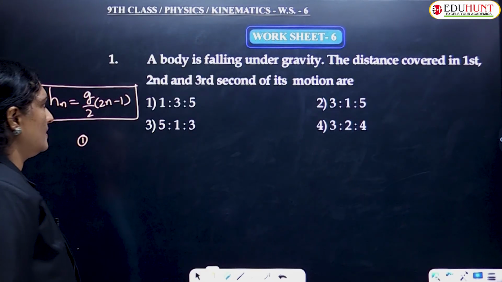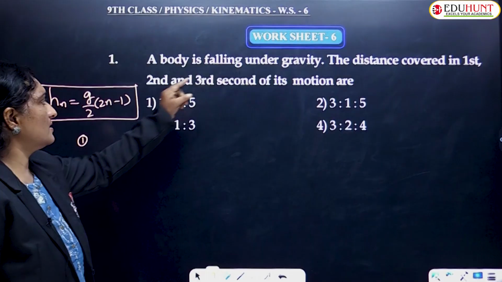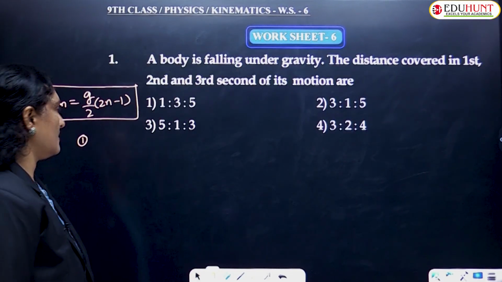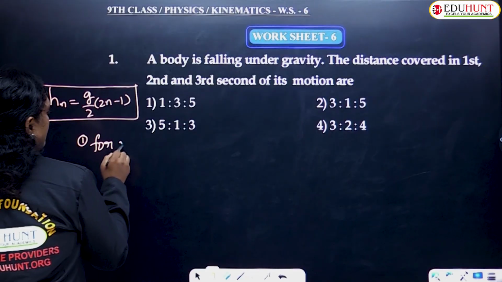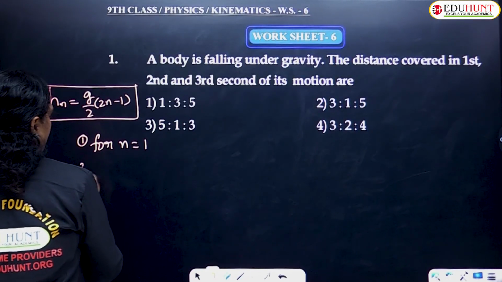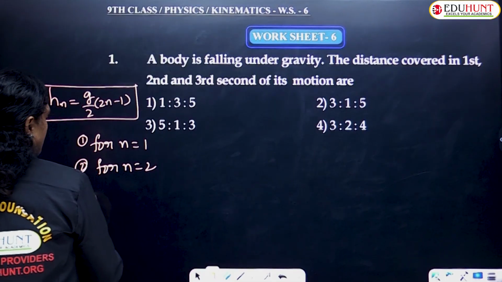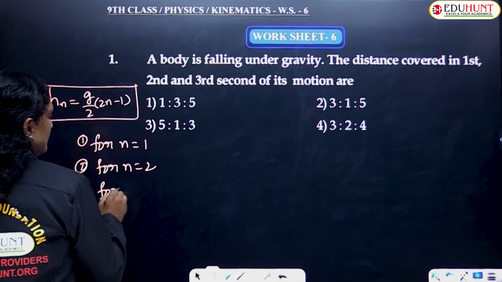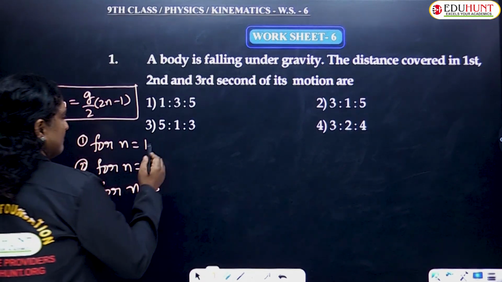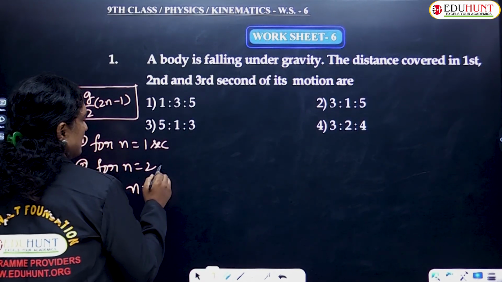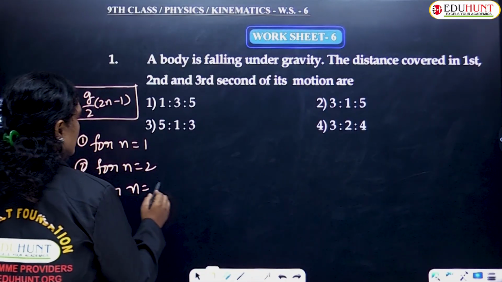For the first body, let me mark it as first case. H1, so that you don't get confused. First body like this. What is the distance? I write it as H1, just an indication, don't consider it as the nth formula. H1 equals half g. What is the time given, children? It travels for 3 seconds. So 3 square is 9, that is 9g by 2.